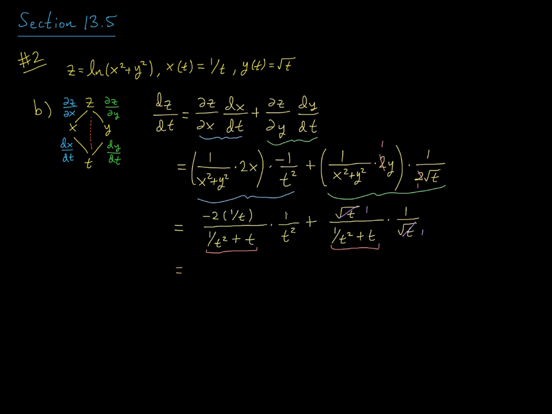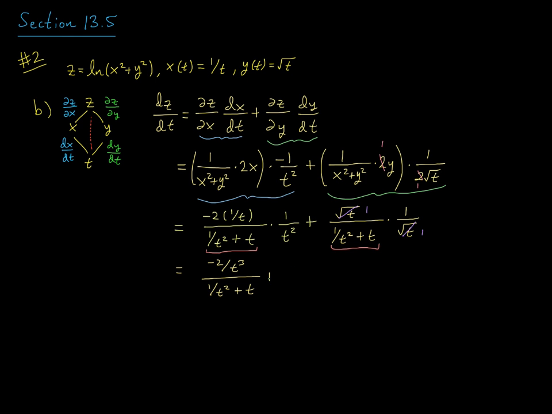I'm actually going to go ahead and take this 1 over t squared, I'm going to throw it upstairs. Okay, because what that is going to do, it's going to give me this. I'm going to get a negative 2, and then the 1 over t and the 1 over t squared will multiply. So I'll get minus 2 over t cubed over this common denominator.